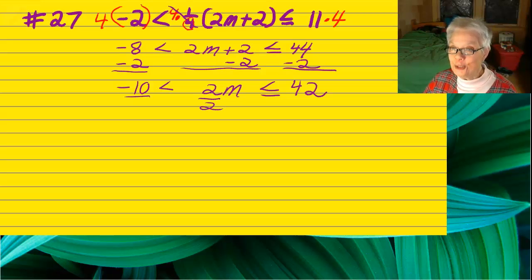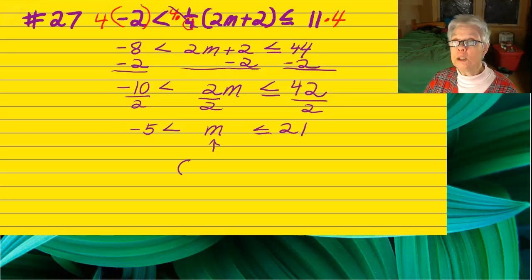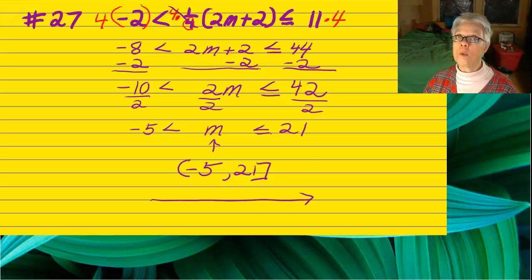Then divide by 2, and divide by 2, and divide by 2, all three parts. Negative 5 is less than m, is less than or equal to 21. Another way to say this is that m is between negative 5 on the left and 21 on the right. Negative 5 takes a parenthesis because it takes a strict inequality. 21 takes a bracket because it takes a non-strict inequality.